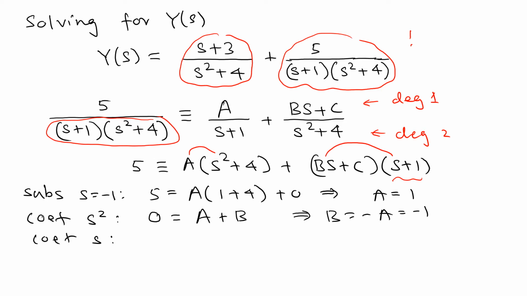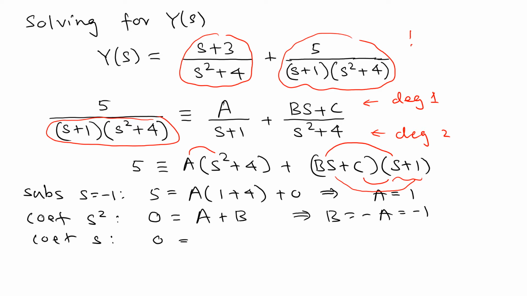Now we go with the coefficient of the next lower term, which is s. You have to go in order. There's no s term on the left, which is 0 again. How do we get s terms? There are two ways: bs and 1, and c and s.